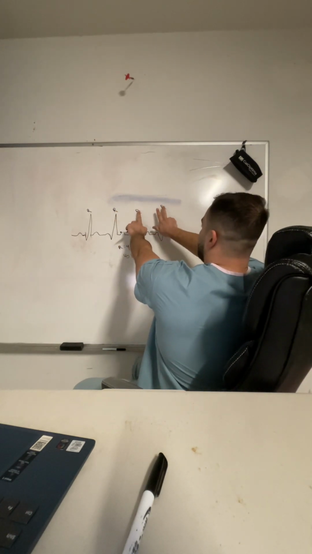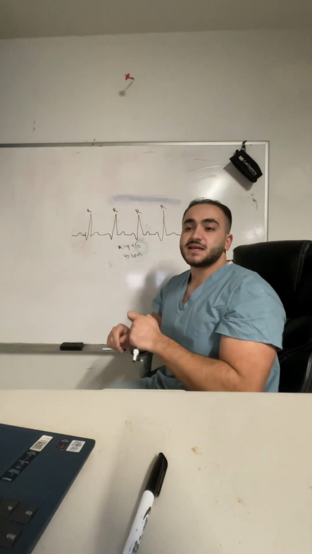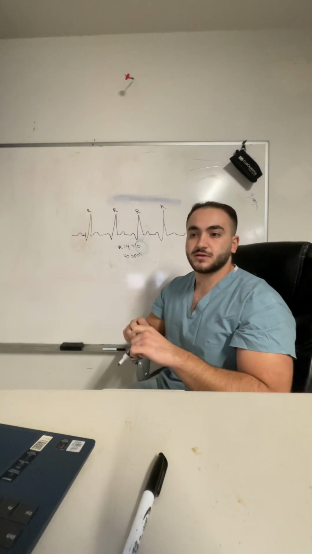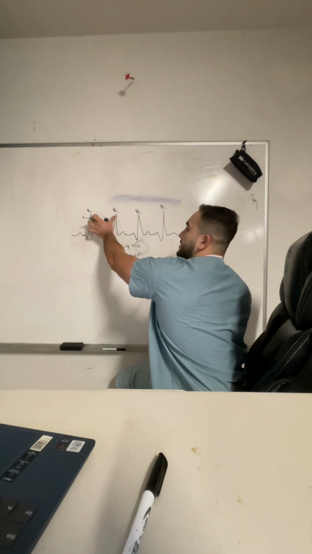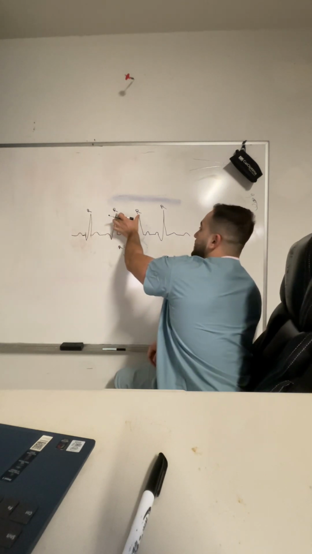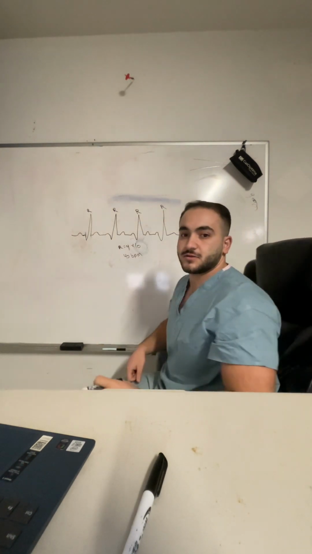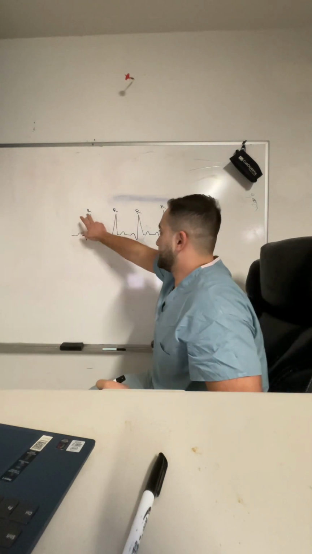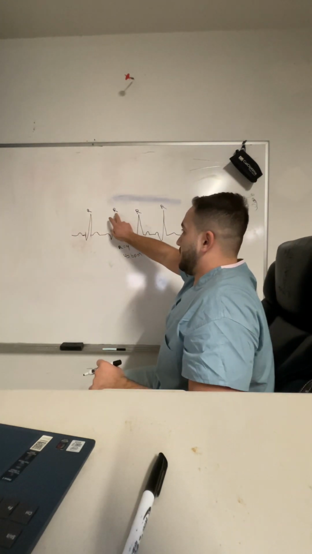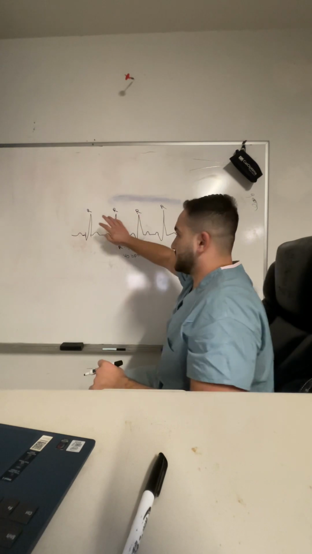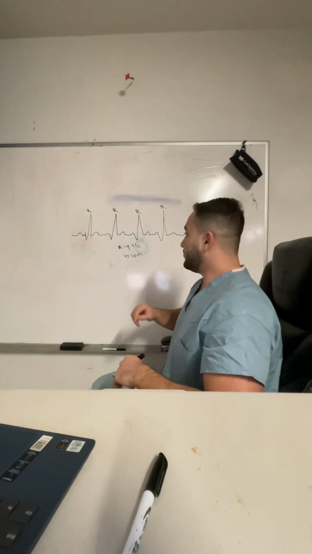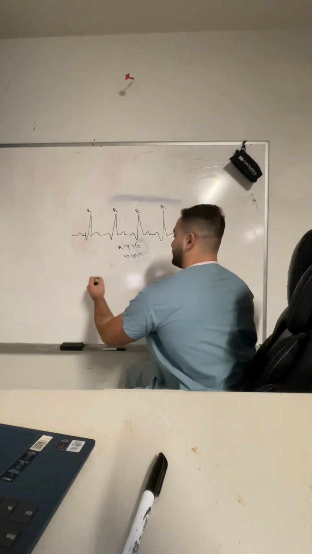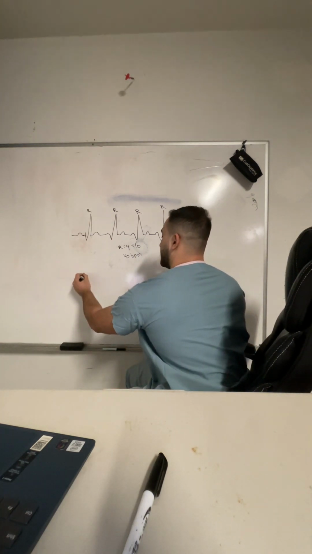Is it the same as this R to R? If our answer is yes, then it's regular. Because I did this freehand, let's be generous and kind and say that this is regular. The distance between each R to R is the same.